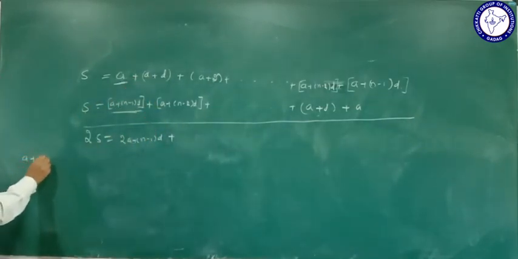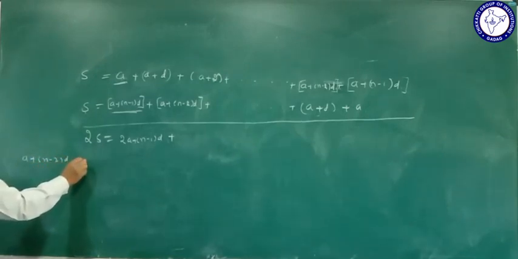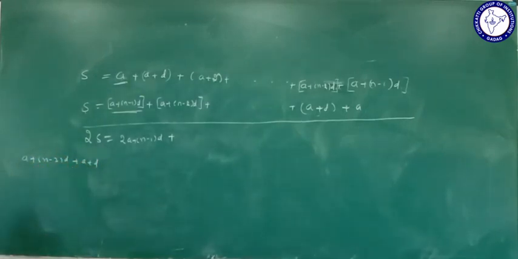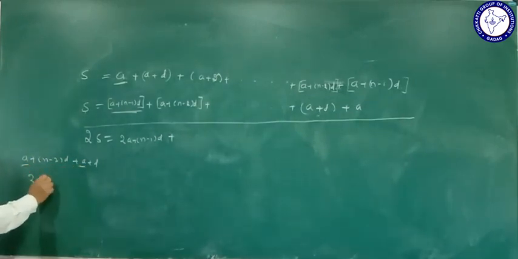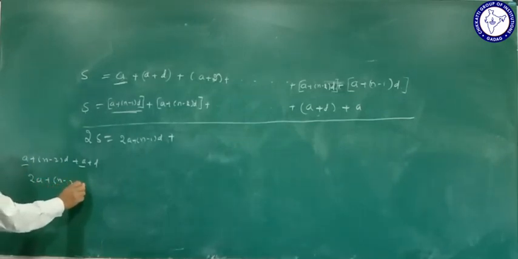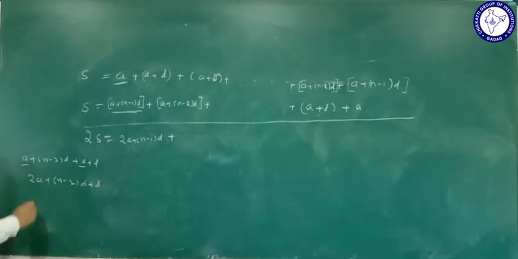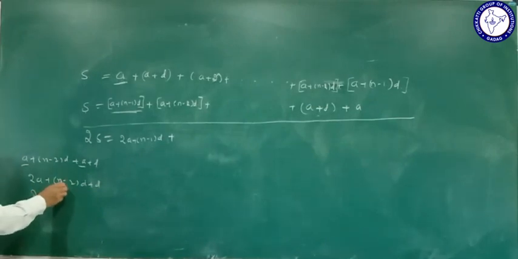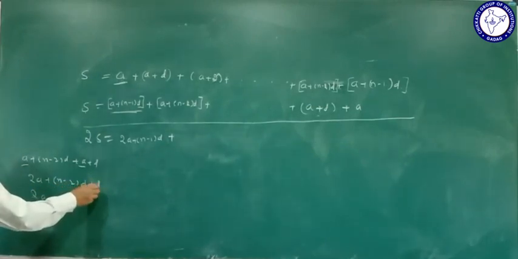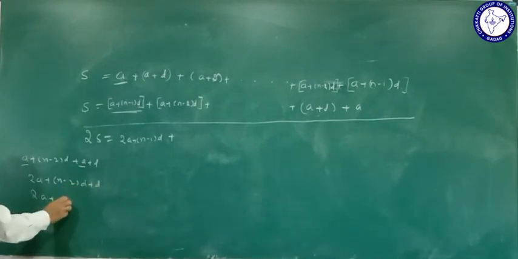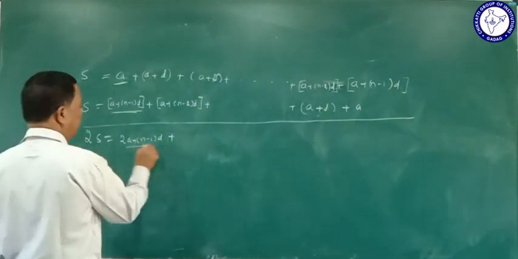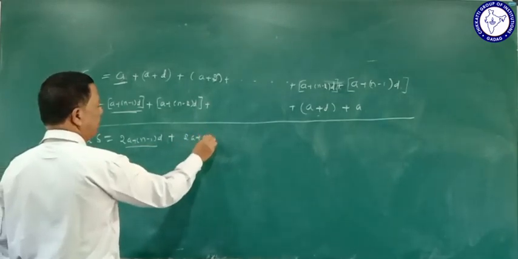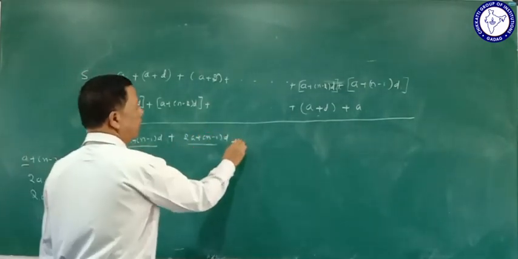A plus n minus 2 into D plus A plus D. And you try to understand, that is 2A plus n minus 2 into D plus D. Here 2A, here n minus 2 D, and here you will get n minus 1 into D. So here also you have got one term 2A plus n minus 1 into D, and so on.